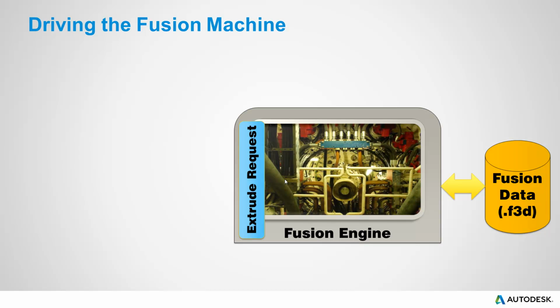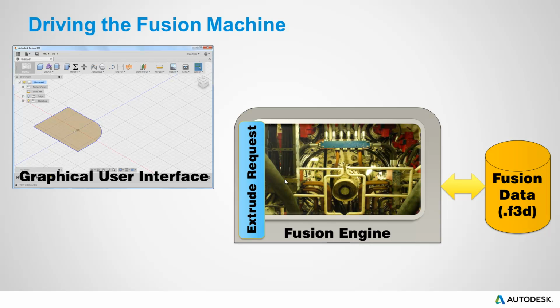Okay. So now when a user wants to create an extrusion, we have a user interface for that. The user interface provides a view of the data. It's able to create graphics based on that data and display those to the user so he can interact with the data through the user interface.